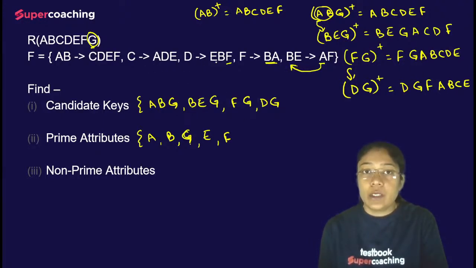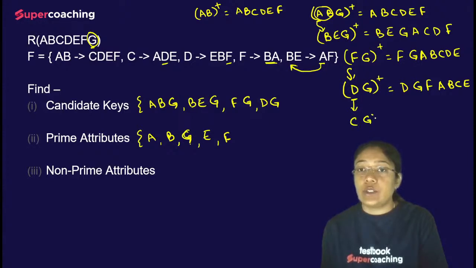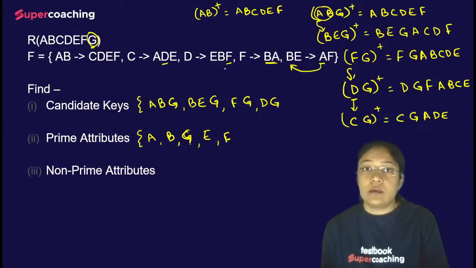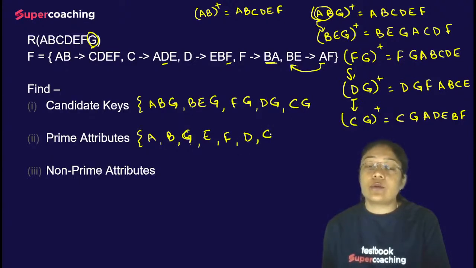Now, is there any other possibility? D is present on the right hand side of C, so we can replace it with C. CG closure. C is determining A, D, E, and D is determining B and F. So all the attributes are determined by CG. So D is also a prime attribute, C is also a prime attribute, D is present on the right hand side of AB.